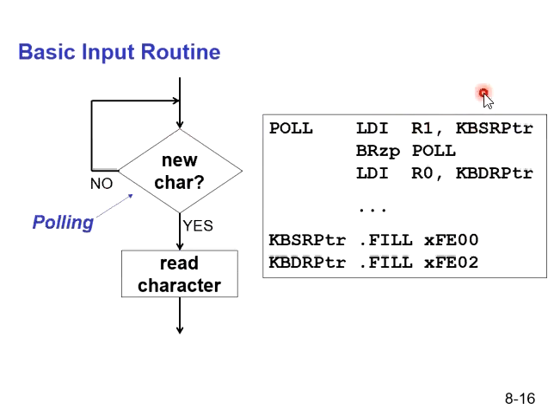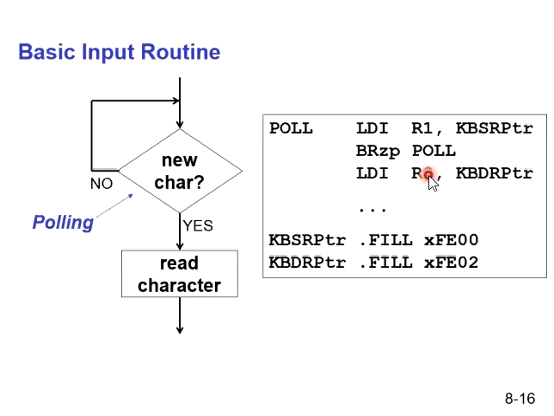At that time, we want to check whether it is 1 or not. If it is 1, the value in R1 is negative. But when it isn't negative, that means we don't have a new character, so we go back to POLL. But when it is negative, that means bit 15 of the status register is 1, and at that time we go out.